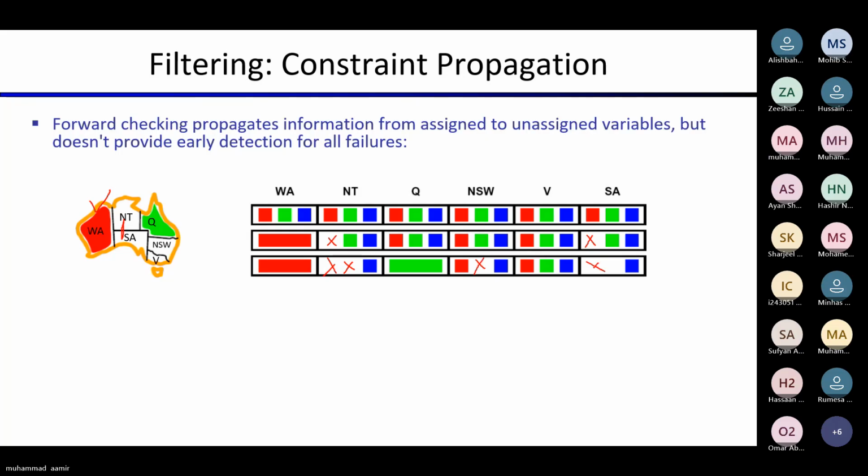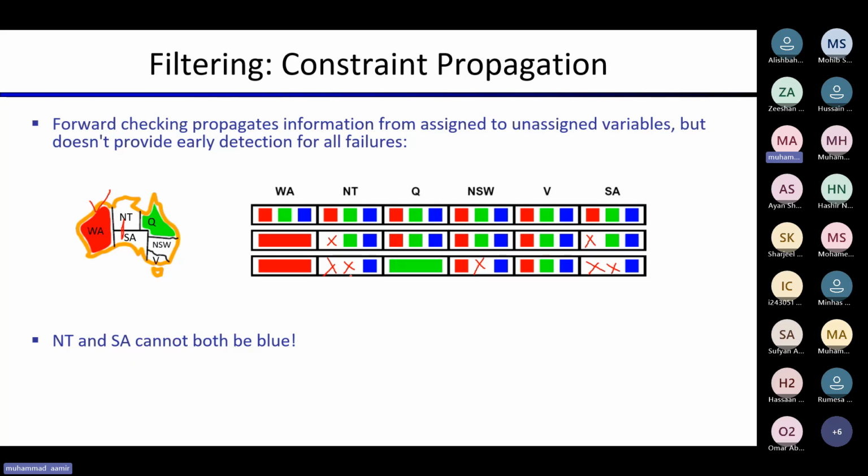Okay. Now, if we are going to choose the next variable for the assignment, you can clearly see that the domain of Northern Territory and Southern Australia is not empty.